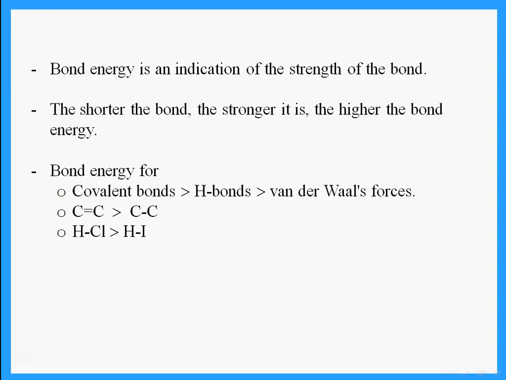Now, we said the shorter the bond, the stronger it is. Remember that a double bond between carbons is shorter than a single bond, so it will need more energy to be broken than the single bond. An HCl bond is stronger than an HI bond.